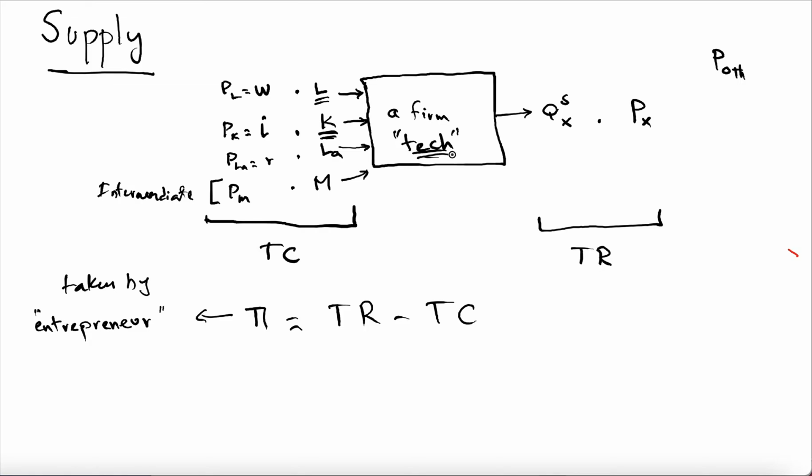So the technology factor is decided by the entrepreneur, and how much physical land, labor, and capital to be used, and these are given. They are determined in the input markets.